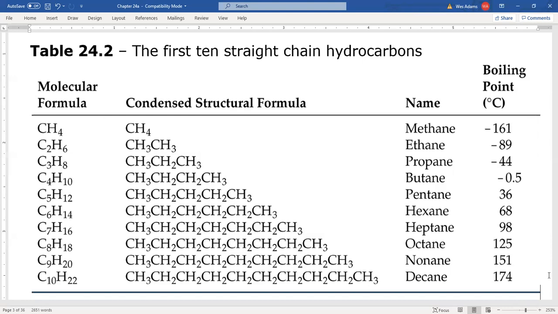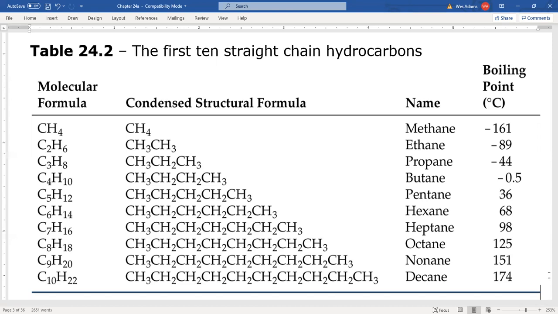Butane is C4H10, -0.5. Pentane is C5H12. Boiling point now is above room temperature, but still pretty low, 36. So we're talking about liquids now. Hexane, C6H14. Heptane, C7H16.